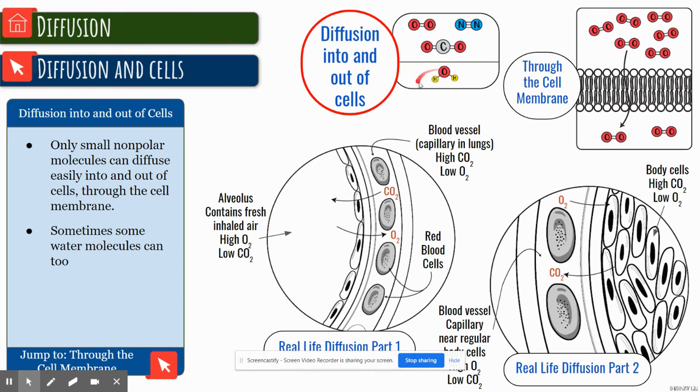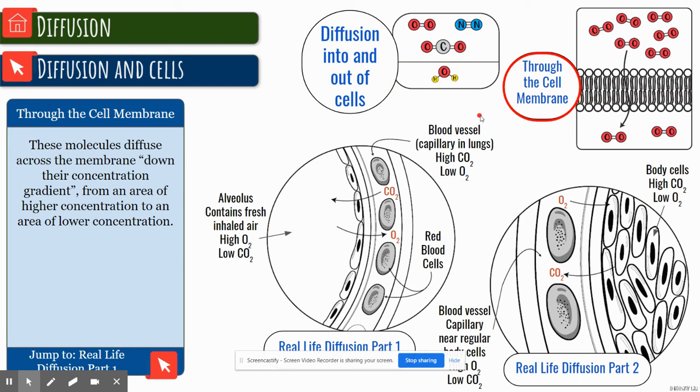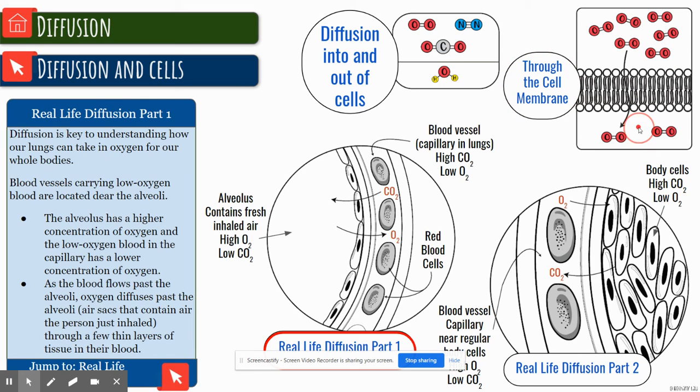Sometimes water molecules, even though it's a polar molecule, can diffuse pretty quickly. So we're talking about through the cell membrane. Here's our cell membrane. And these molecules can diffuse through the membrane or down the concentration gradient from high concentration to low concentration.